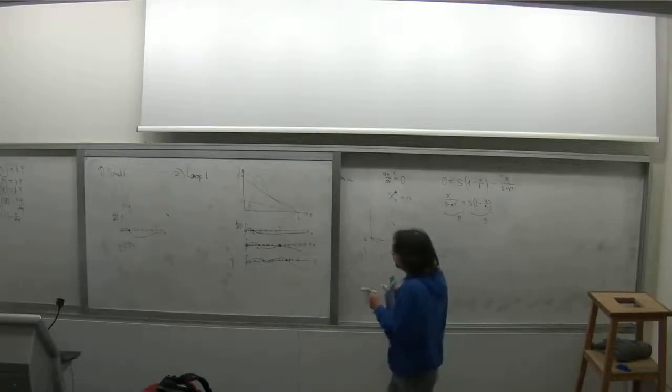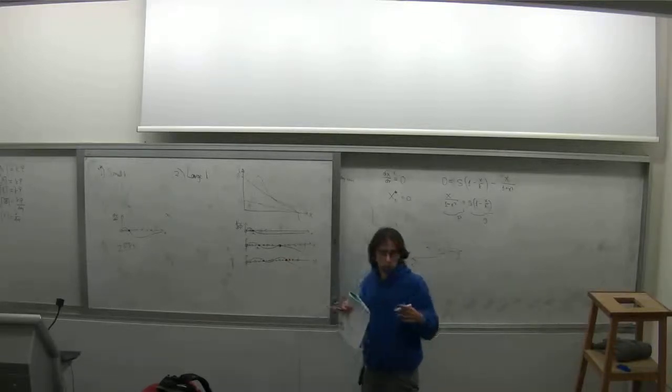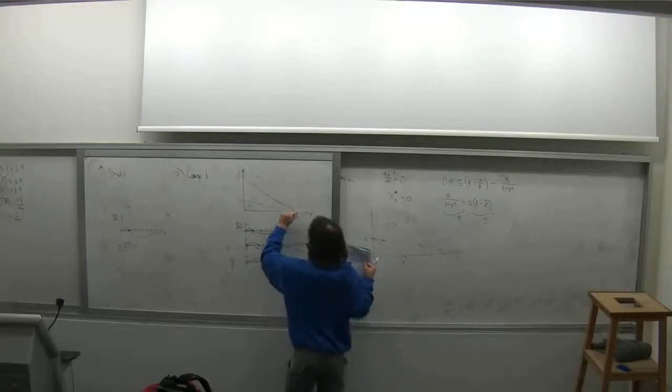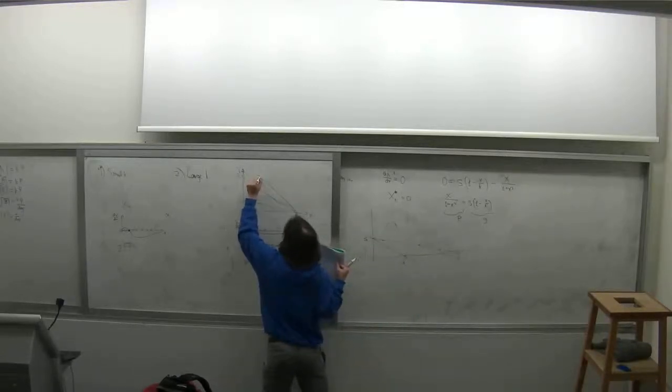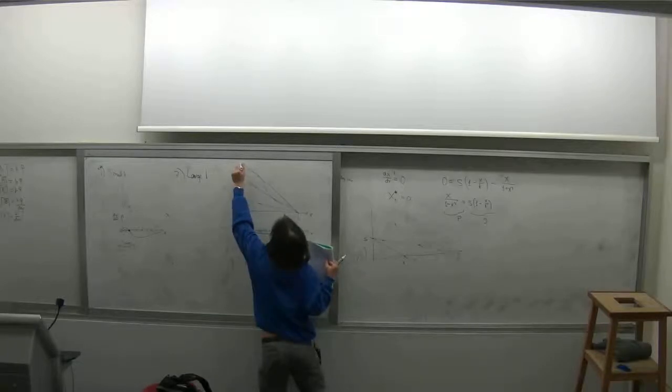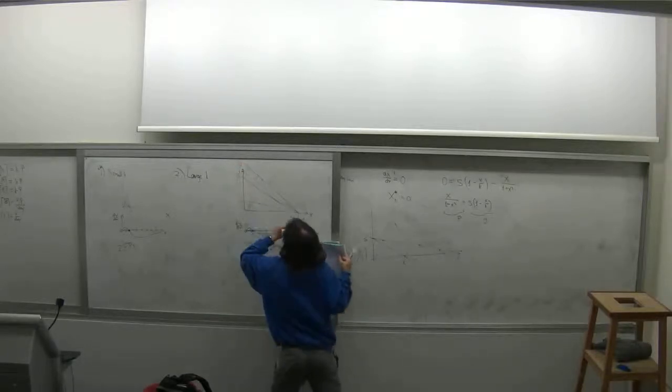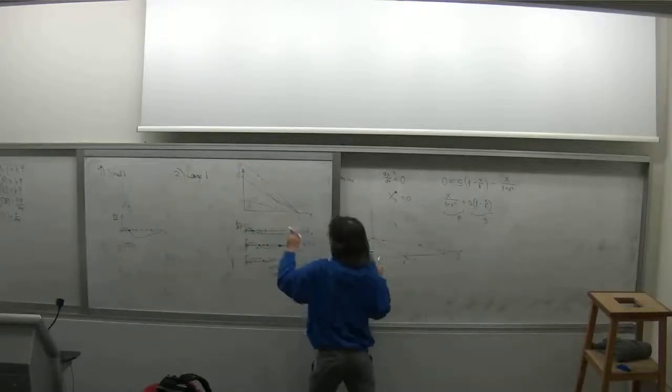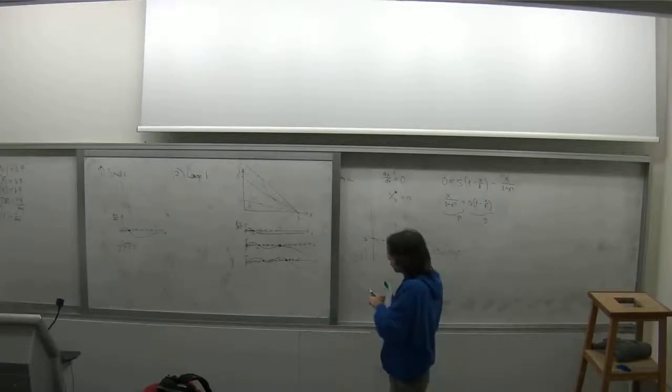The next case I want to consider is another borderline case where the line will be tangent to the curve. I'll call it delta. Now, I'm left again with two intersections.